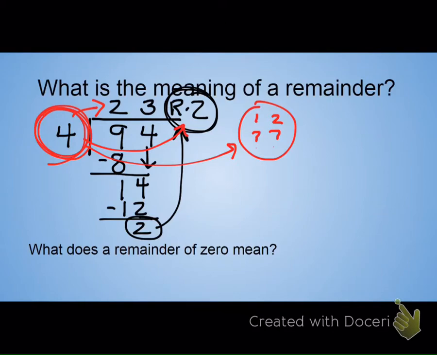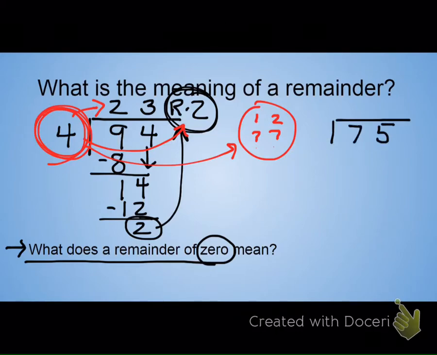All right, let's consider the second question here. What does a remainder of 0 mean? So let's take another example here and write this in our notes. Let's take 75, for example, divided by 5.